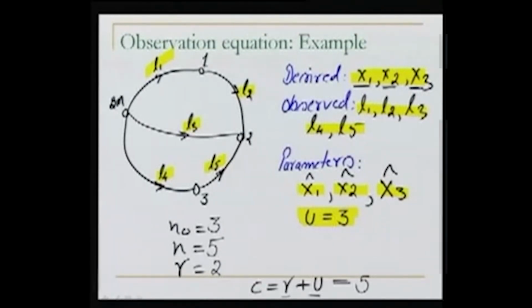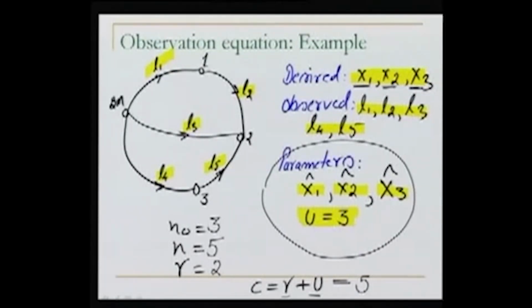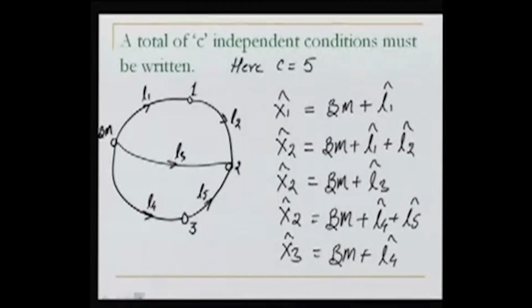What is the meaning of this? The meaning is, if we are including these parameters also into the equations along with the estimates of observations, we will need to write 5 observation equations in this case. What will these observation equations be? I have written the observation equations over here. First observation equation, x1 hat.